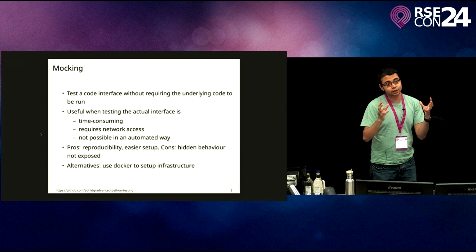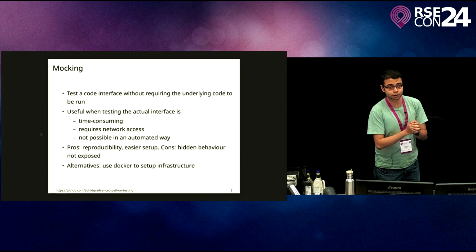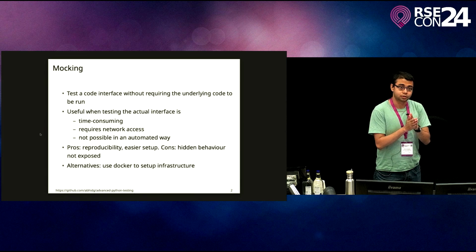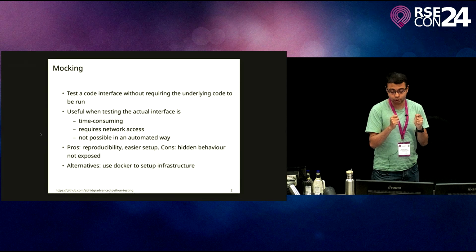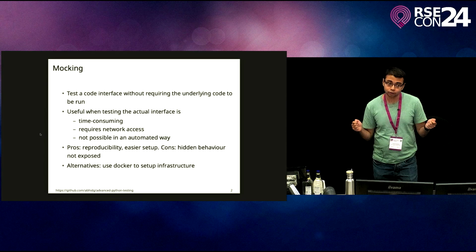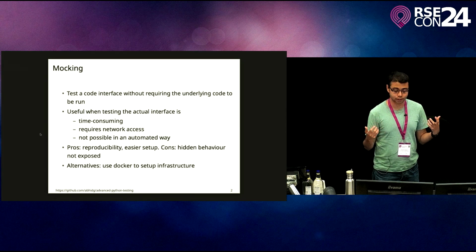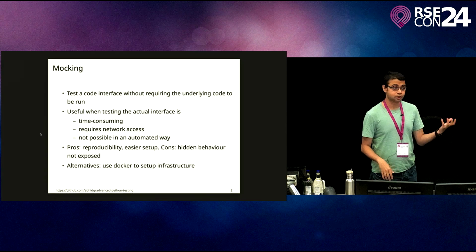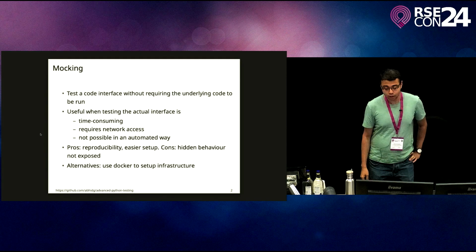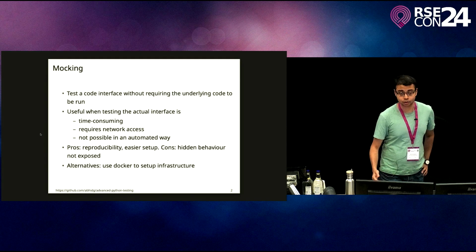You can't really get that behavior in a mocked object, but that's fine. The purpose of the mocked object is to serve as a stub, essentially. There are alternatives now, because you have Docker. Many of the things like your databases, you can probably set up using Docker as well. So you don't need to mock necessarily, but that's an option.